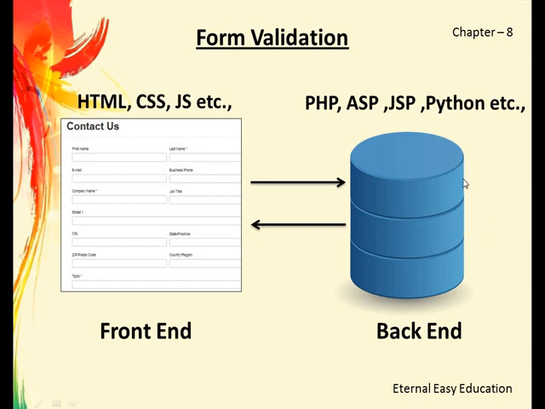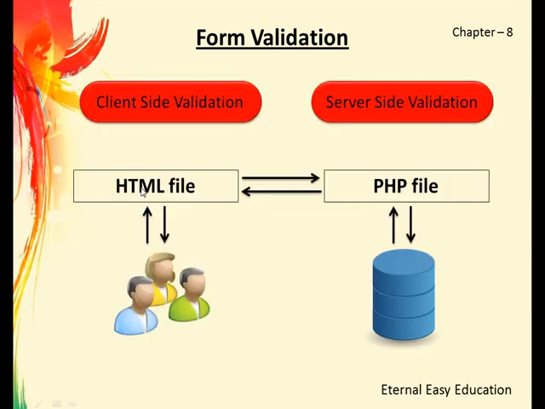Here the database control is done by PHP, ASP, JSP, even Python, etc. So the HTML file is accessed by the user. This is said to be client-side validation. From the HTML file, the content is transferred to the PHP. From the PHP file, it is given to the database. To and fro transformation. This is said to be server-side validation.